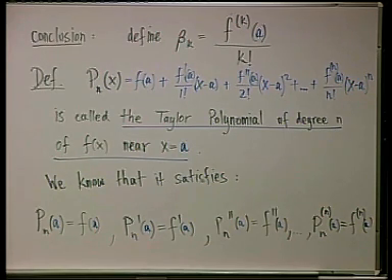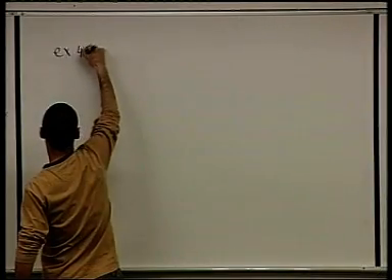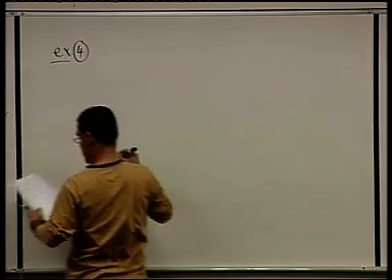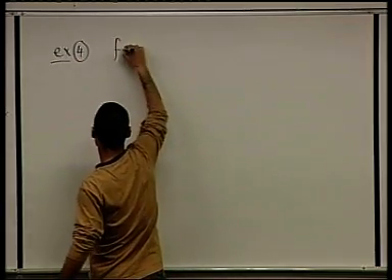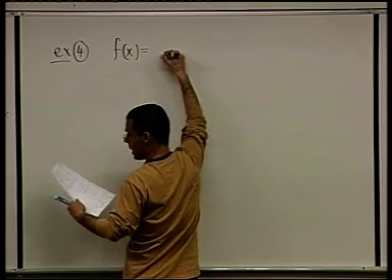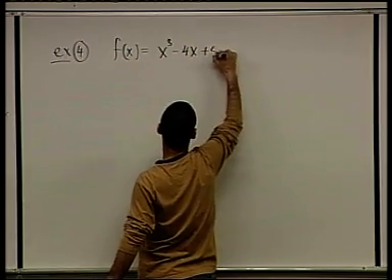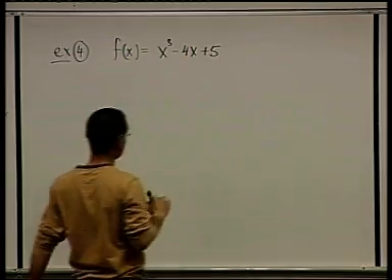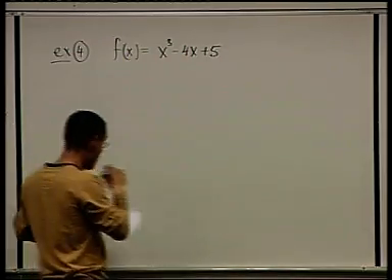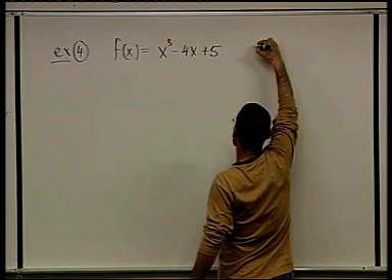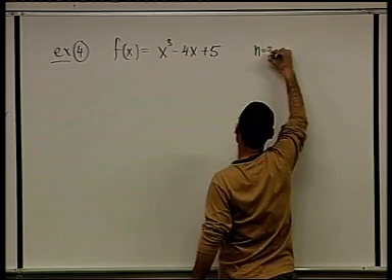So this was example what? 4. Example 4. Let's take the function to be x cubed minus 4x plus 5. Okay? And I want to find the Taylor polynomial of degree 3.